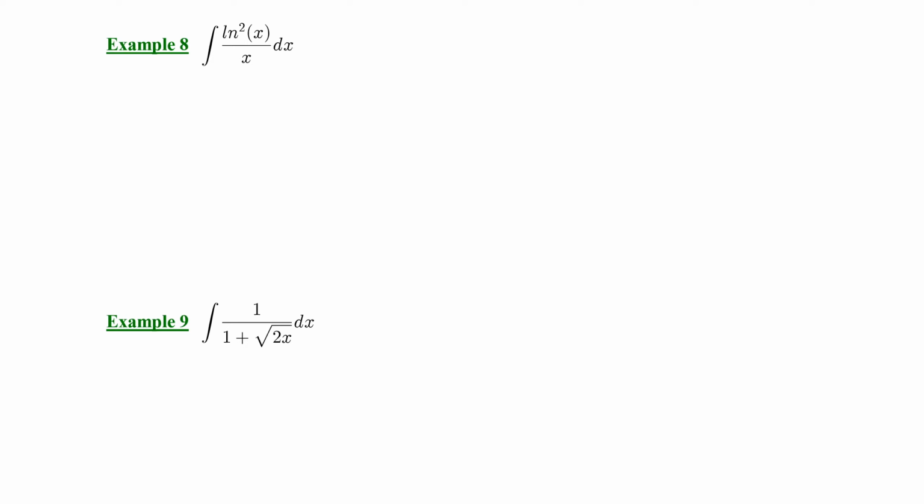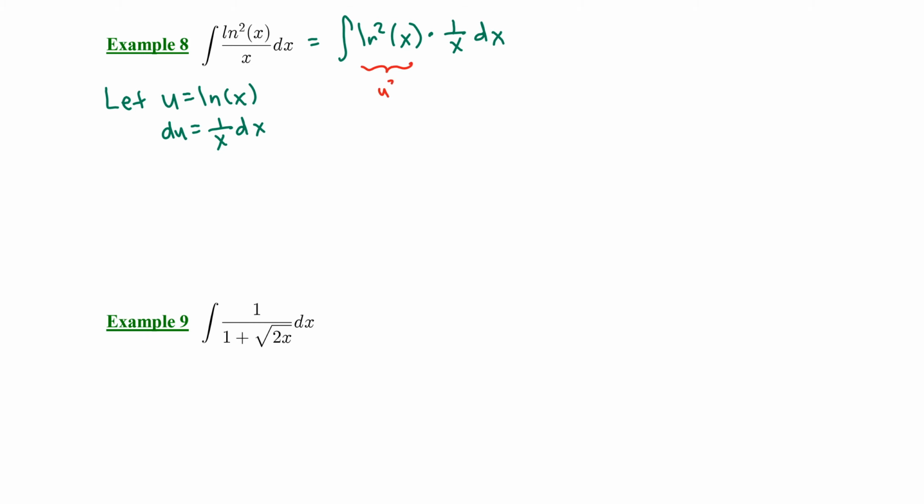Instead of natural log of x over x, we have natural log squared of x. But we can use the same substitution, because if u is natural log of x, and again, du is 1 over x dx, then we can see that this integral, natural log squared of x times 1 over x dx, is really only different by an exponent.